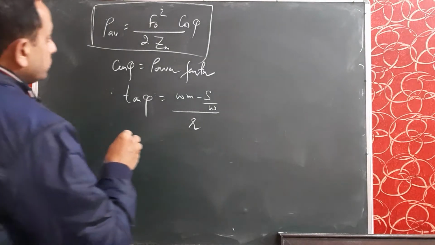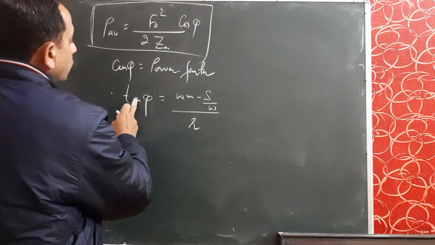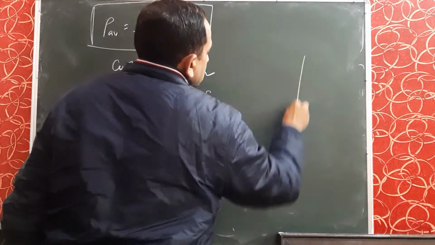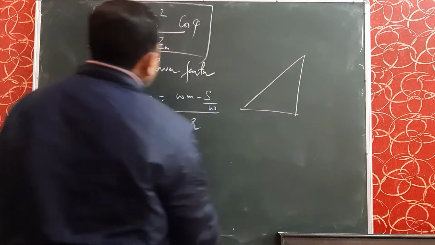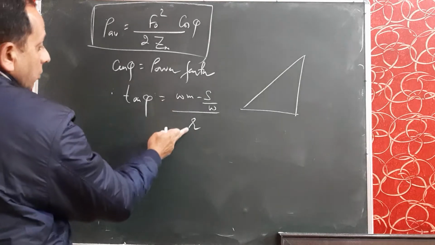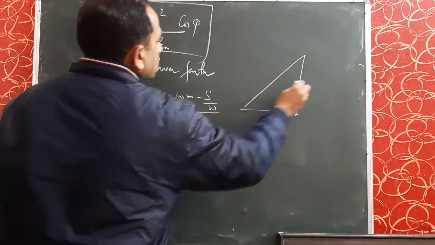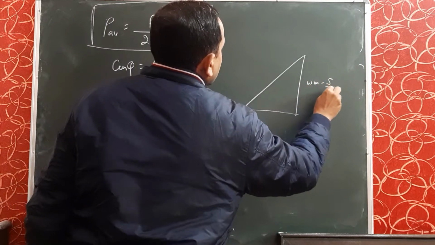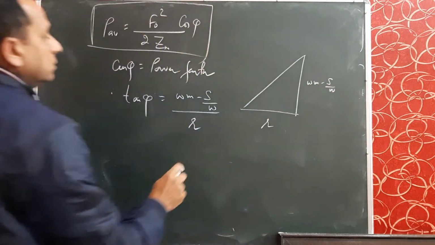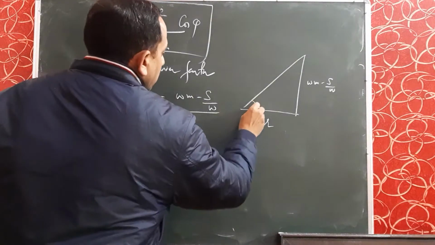And if you draw a right angle triangle from this tan phi equation, so this is the triangle. We know that tan phi is the ratio of perpendicular upon base. So this is perpendicular, this is base. It means this perpendicular is omega m minus s by omega and base is r, because perpendicular upon base is tan phi and this angle is phi.